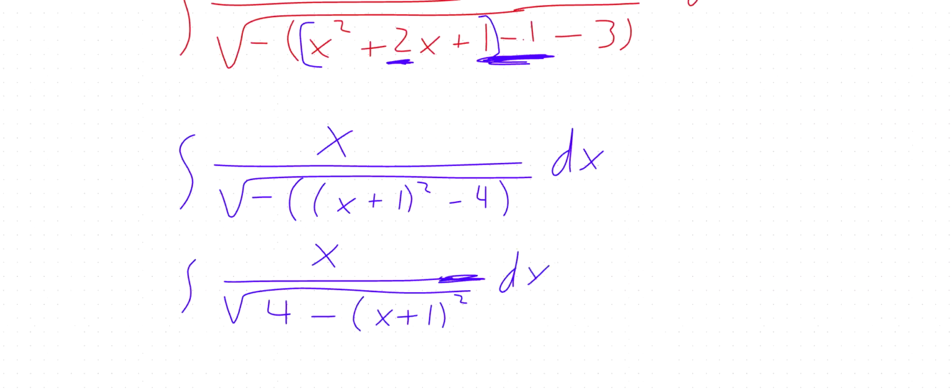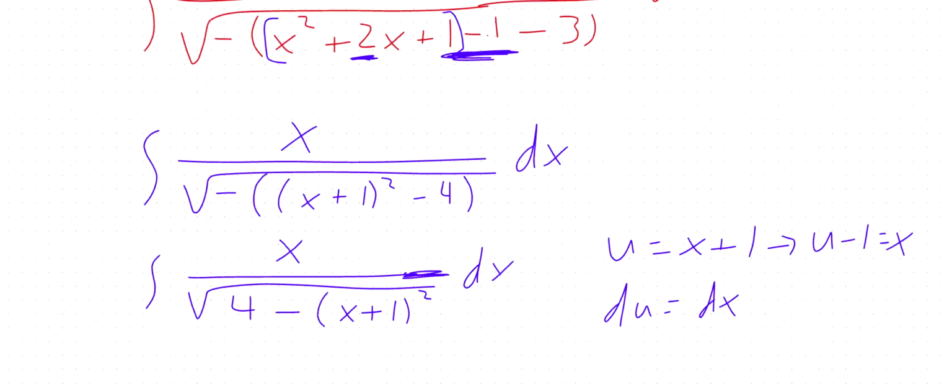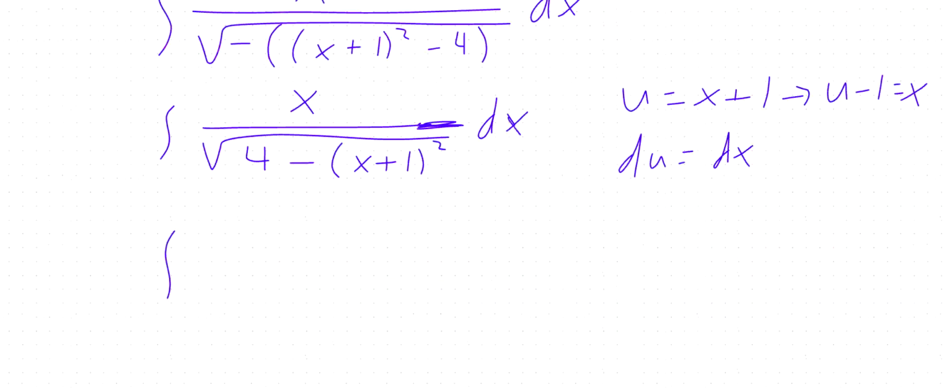But now if we do a u substitution, where u equals x plus 1, du just equals dx, but we can manipulate this problem to give us u minus 1 equals x. So now our integral becomes u minus 1 over square root 4 minus u squared du.